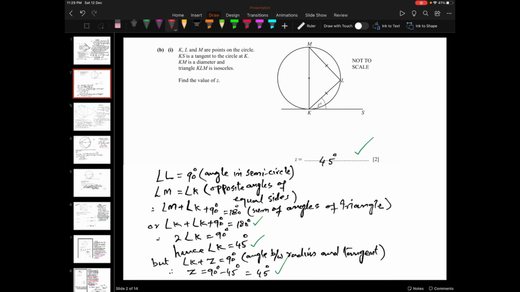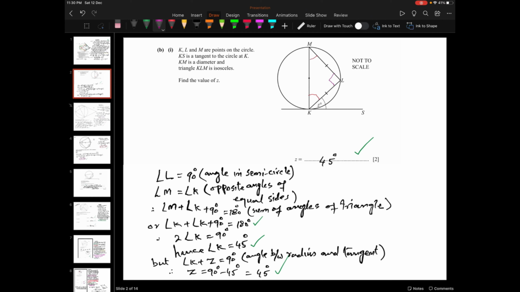In the given figure, side ML is equal to side KL in triangle KLM. If two sides of a triangle are equal, then their opposite angles are also equal. It means angle M is equal to angle K. But angle L is equal to 90 degree. Why?